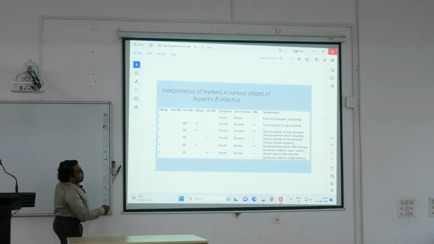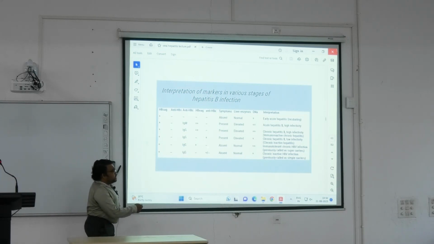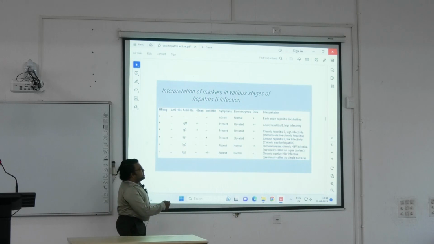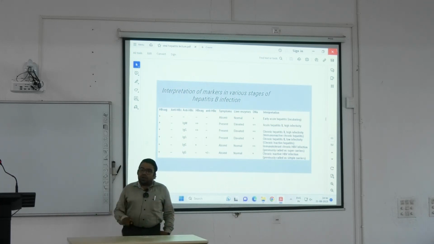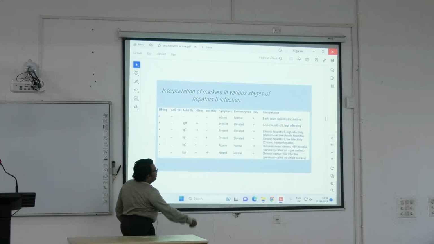Now, if this is seen, that is the surface antigen is present, IgG is present, E antigen is present but no antibody against E antigen. However, the patient is asymptomatic and liver enzymes are normal. That means the virus is replicating at a very low level that is not manifested. It is called the immune tolerant phase.